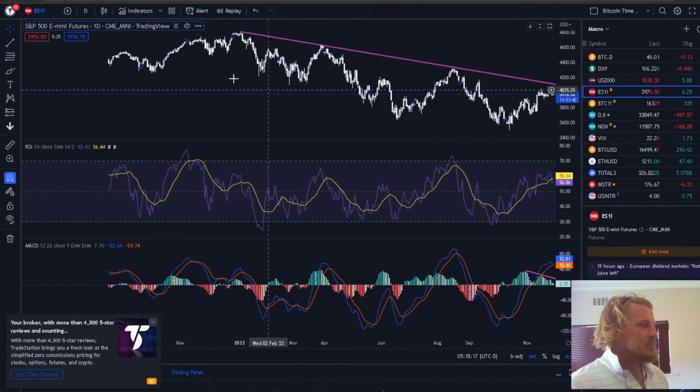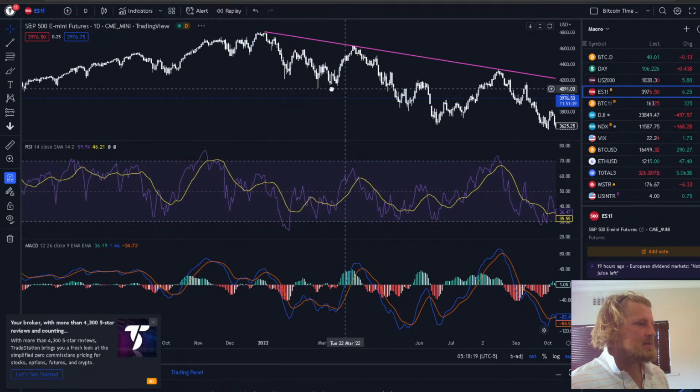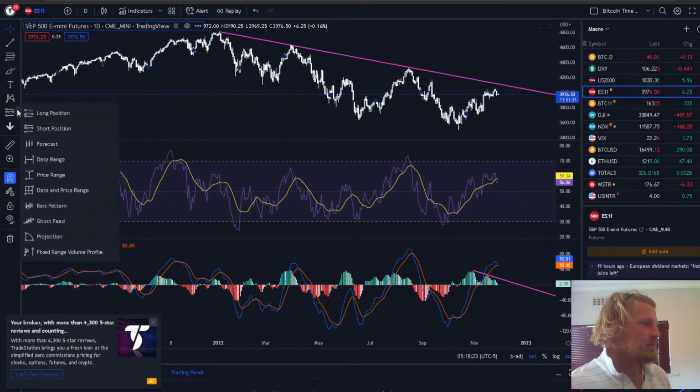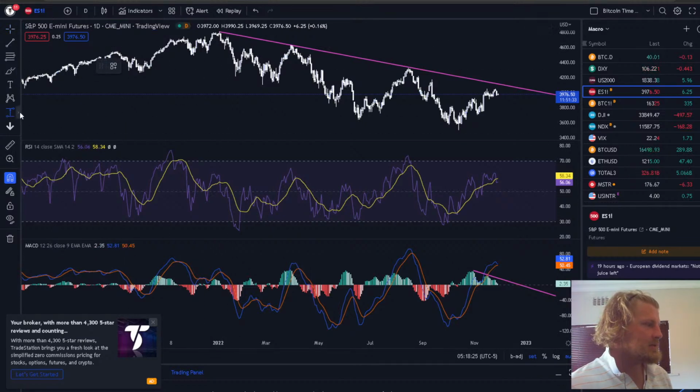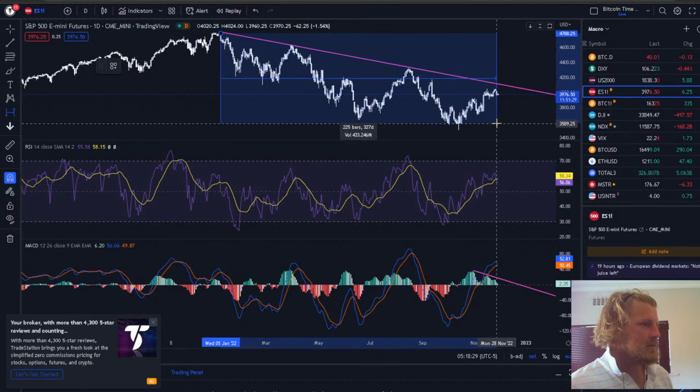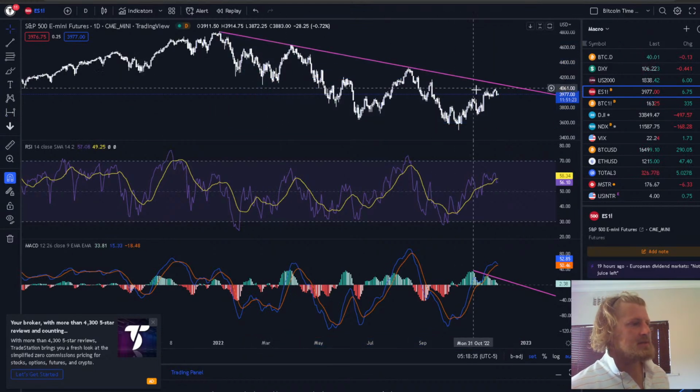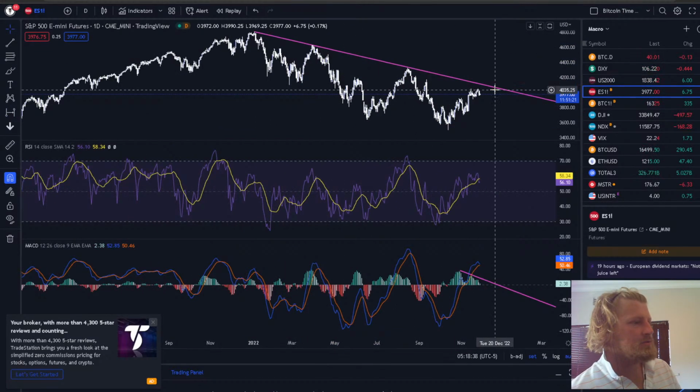The most important chart probably is the S&P, right? We've been in this downtrend for many months. Let's measure this out. So it's been almost a year already, and we're technically still in a very bearish downtrend, right?